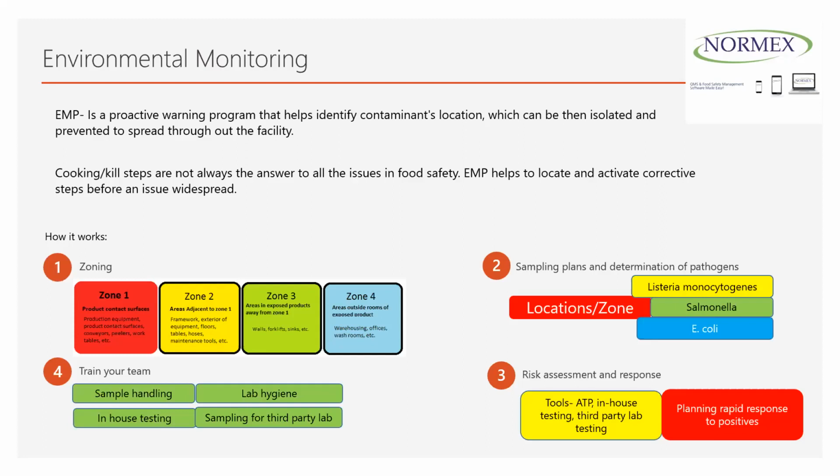Then for risk assessment, you can use in-house testing. You could base your frequency on your process. For example, if you're in an ice cream manufacturing facility where you're using pasteurized cream and all other pasteurized ingredients like pasteurized eggs, and ultimately your product goes for freezing, you can base the testing of the finished product on the batch.